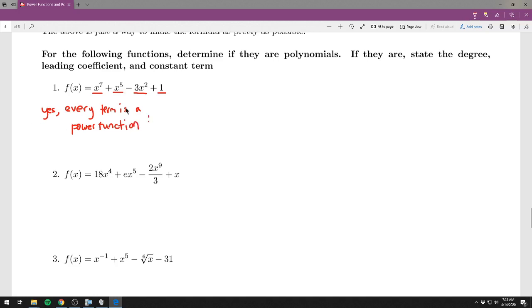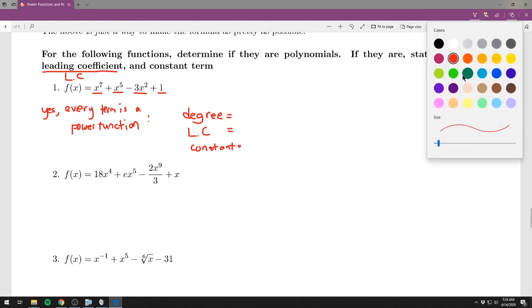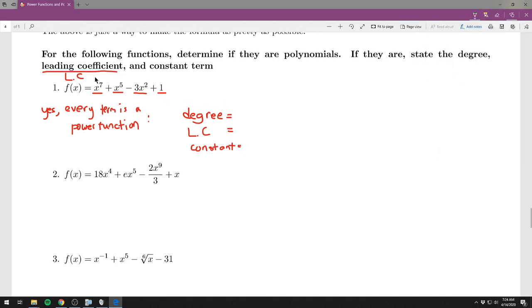As long as it's a polynomial, then it makes sense to ask the question, what are the degree, leading coefficient, and constant term? I'll probably just abbreviate leading coefficient as LC, not to write all of it out. The degree is simply the largest power of x. If we look at all the powers of x here, the largest power is 7.